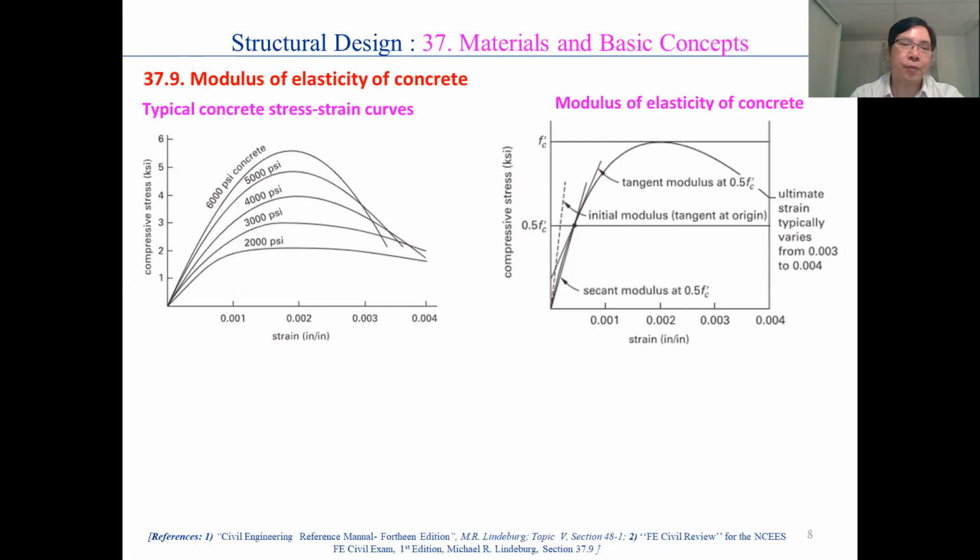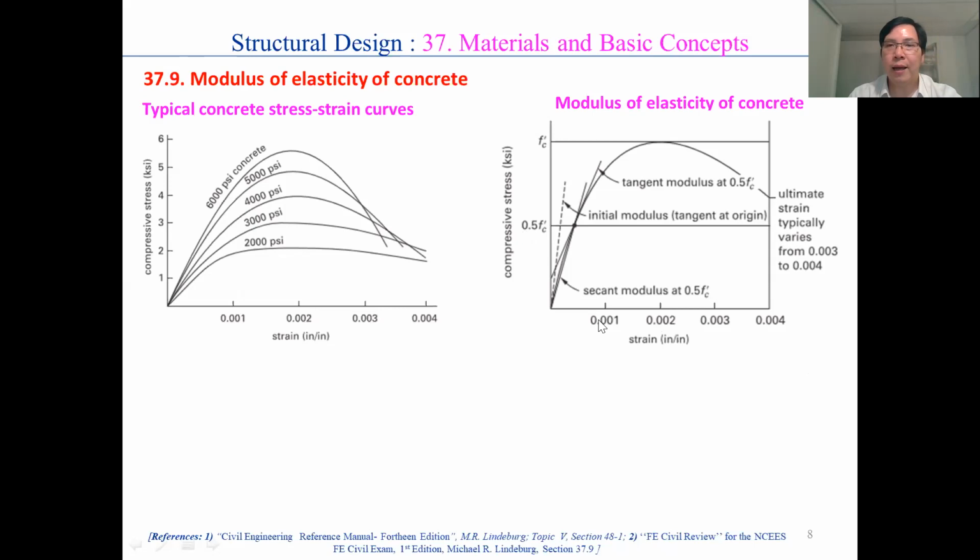This curve, this diagram shows the compressive stress as a function of the strain, and you can see on the right of this slide one diagram showing the relation between the compressive stress and the strain for one typical concrete.